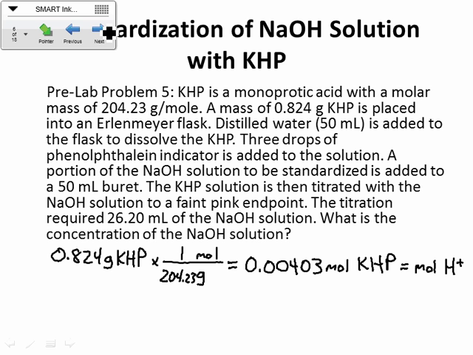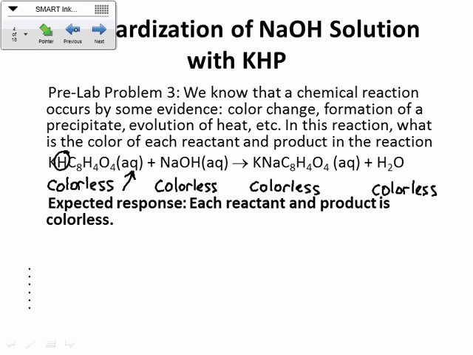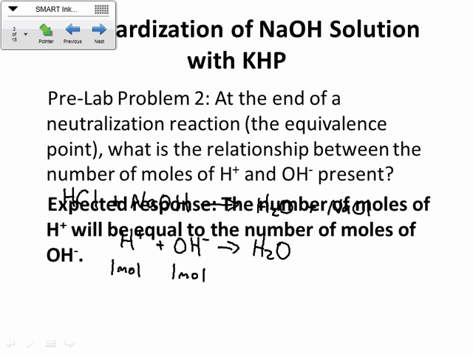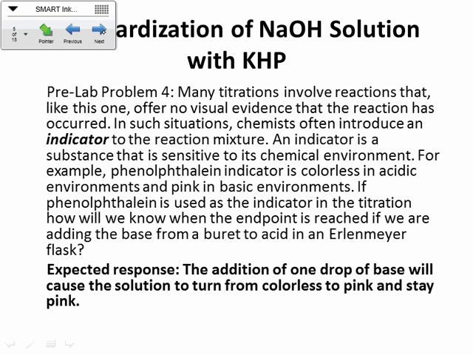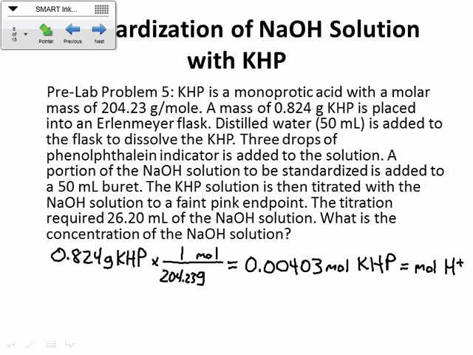At the equivalence point, H+ is equal to OH-. So we can use that little piece of information here. Basically, at the equivalence point, we had to have added 0.00403 moles of OH- in order to react with all of that H+.